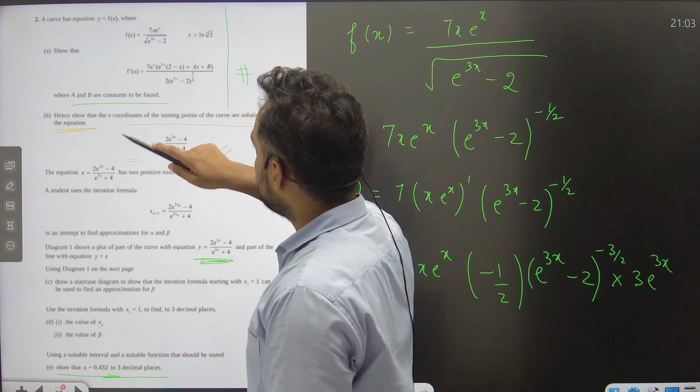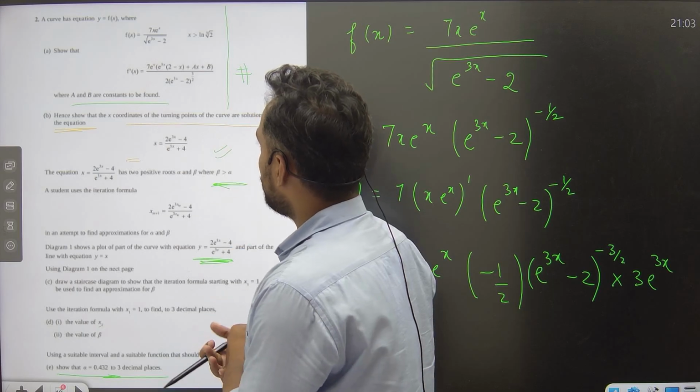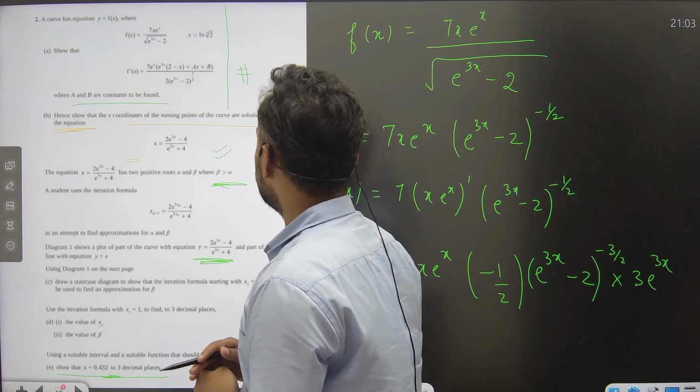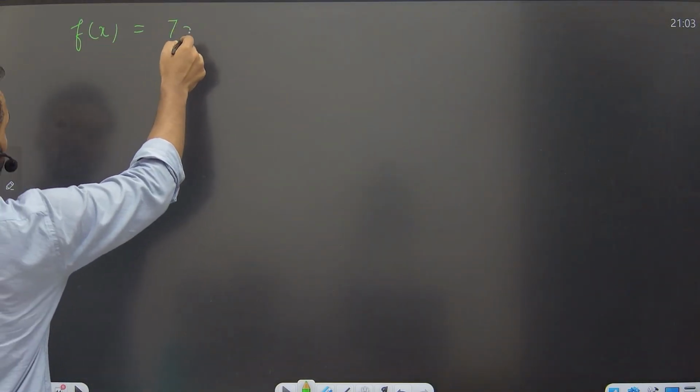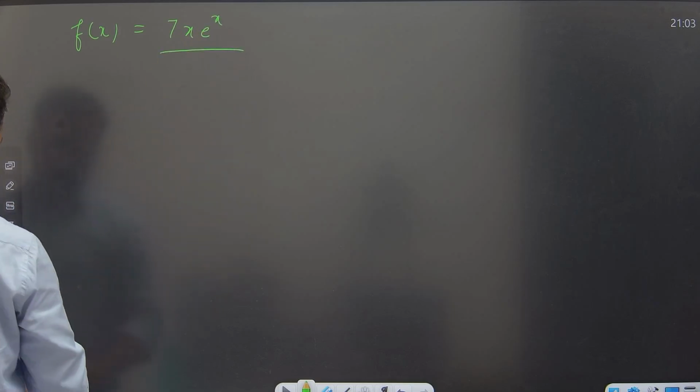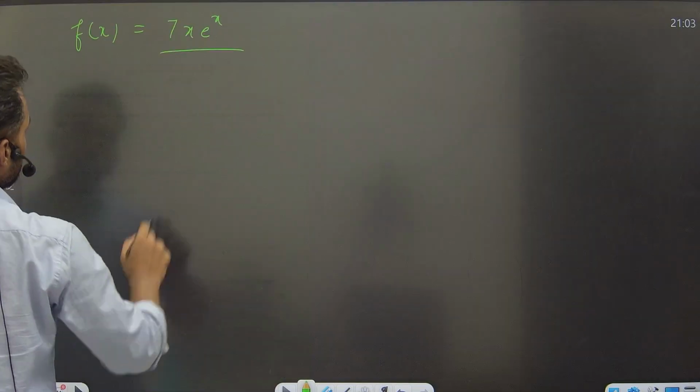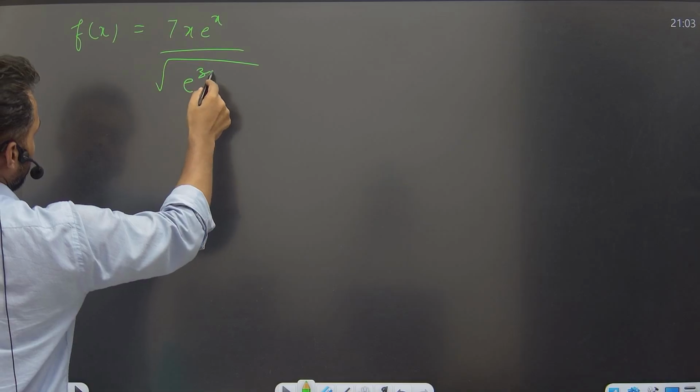So let's put the value of alpha equals 0.432 in the particular expression. So what we'll get, I'll take one more slide here itself. A function f(x) is given by 7x e raised to the power x upon root of e raised to the power 3x minus 2.